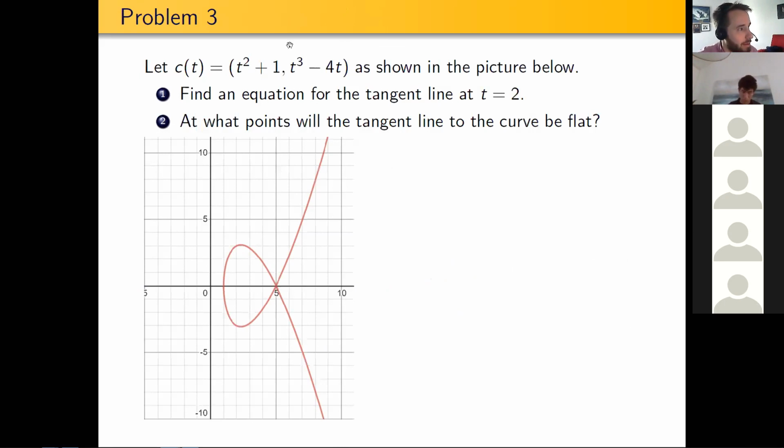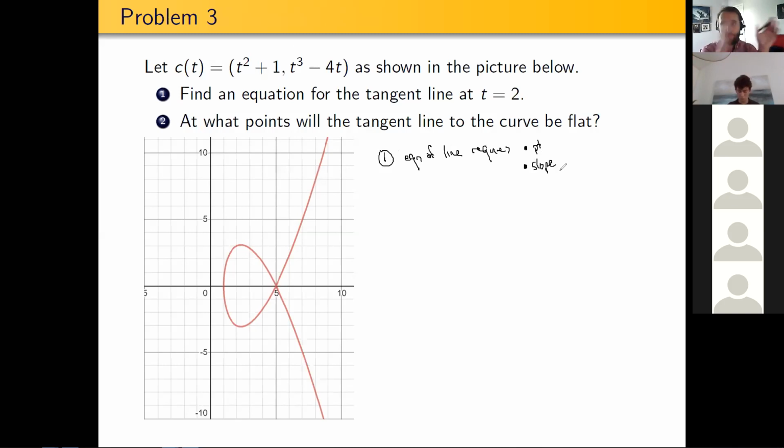So problem one: find the equation of the tangent line at a given time. The equation of a tangent line requires two things, right? The equation of any line requires a point that the line passes through, and it requires the slope of the line.